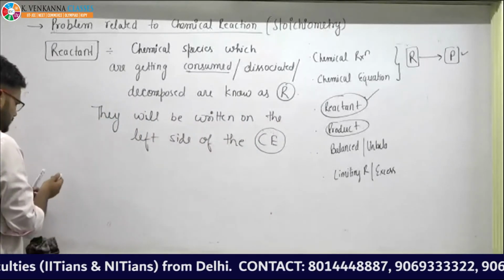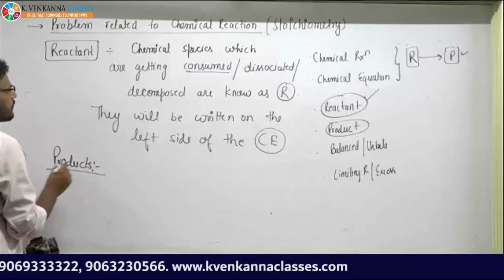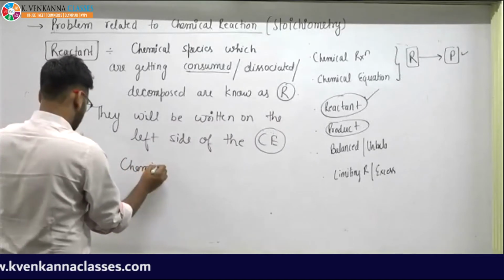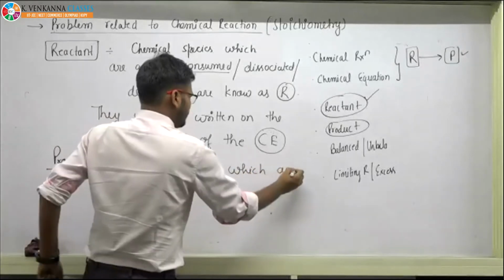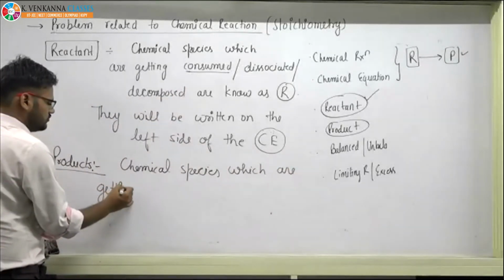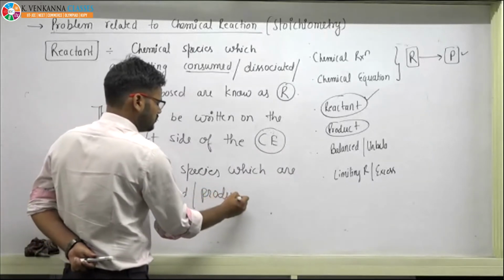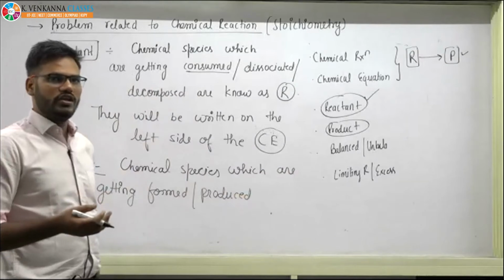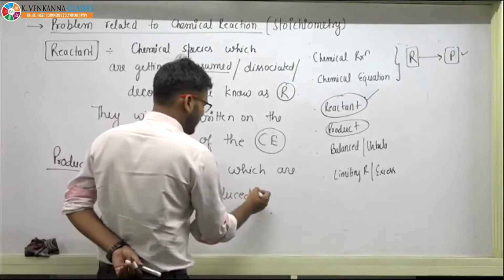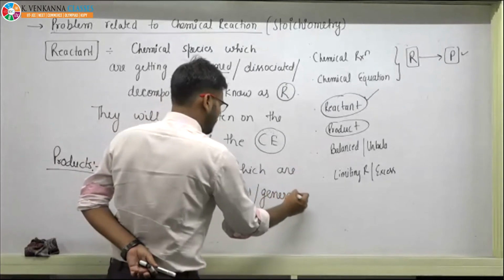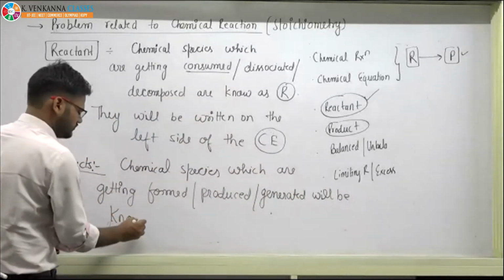Products: chemical species which are getting formed, produced, and originated, generated will be known as products.